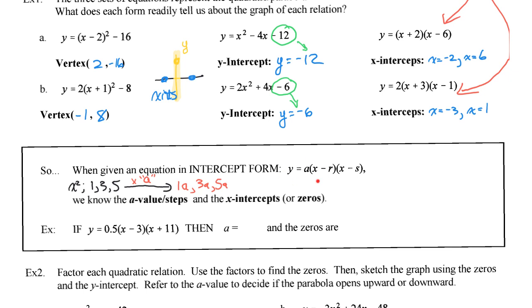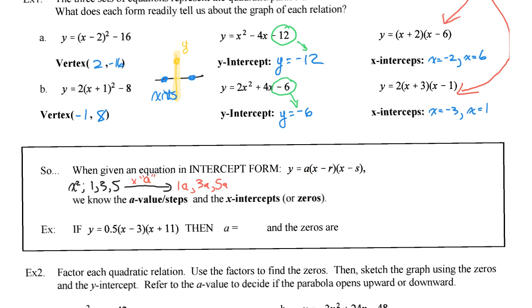So if you look at this basic equation, it always has an a, and you'll notice for the vertex form there's an a, in the standard form there's an a, and for the last one, the intercept form, there is an a. They are all the same value of a.